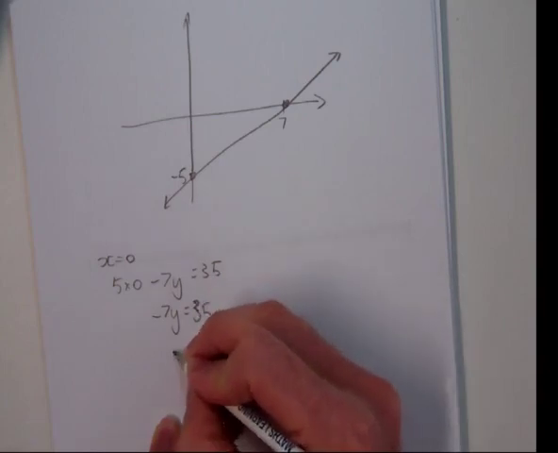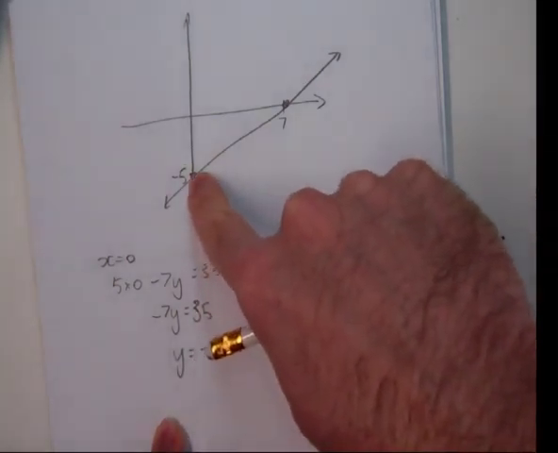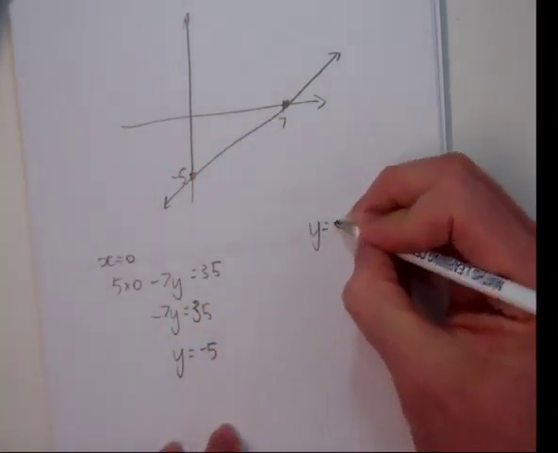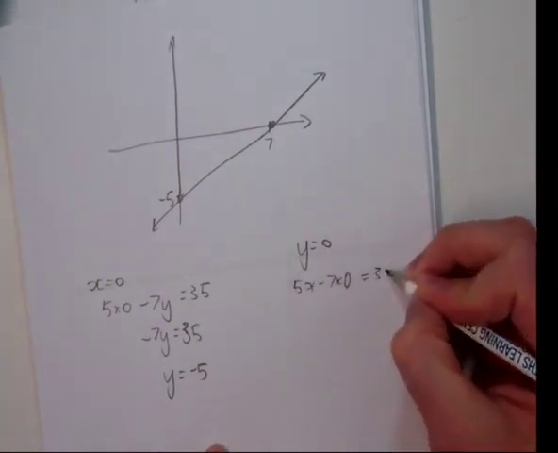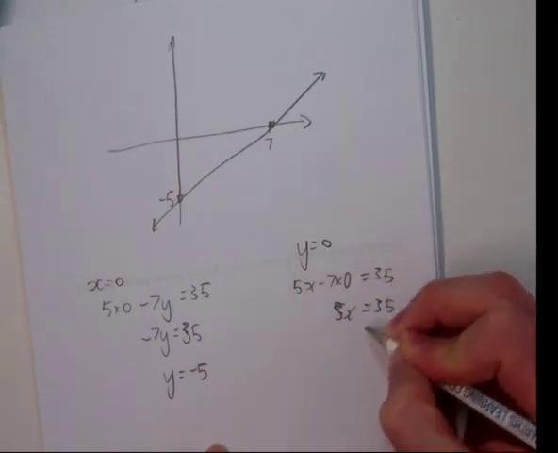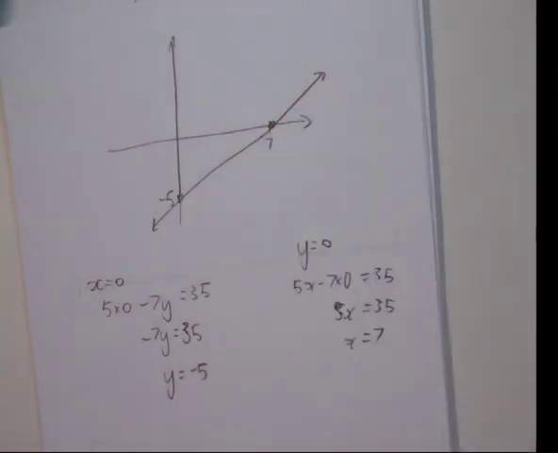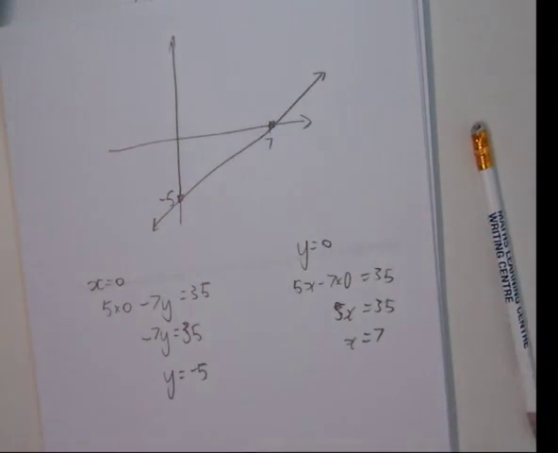I can divide both sides by 7 to get minus 5. And that gives me this point here, because x is 0 and y is minus 5. If y is 0, I get 5x minus 7 times 0 equals 35, which means x would have to be 7, and that gives me this point here. It's a very useful way to draw a graph. In economics, they tend to not occur down here, they're usually up here. So. Okay.